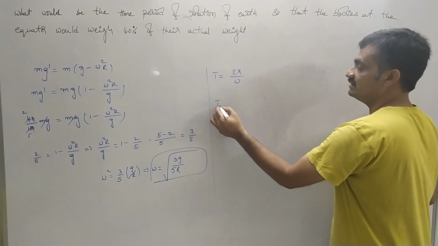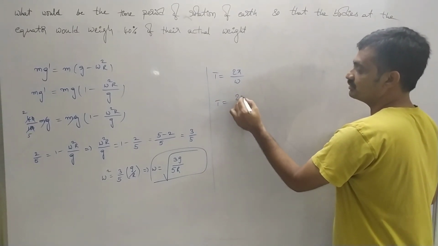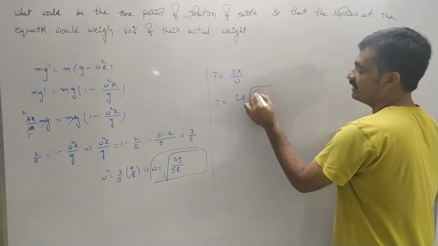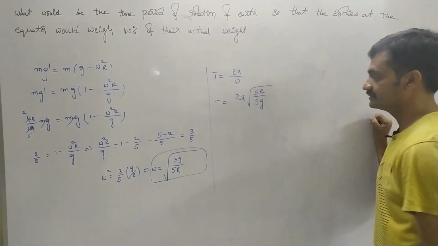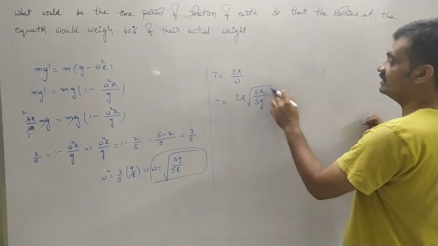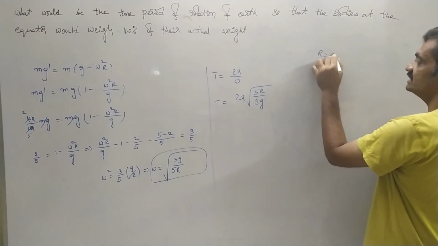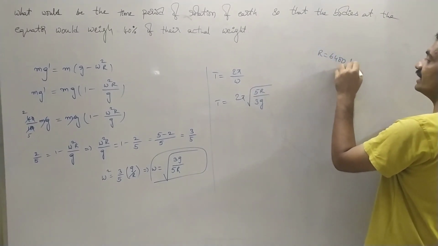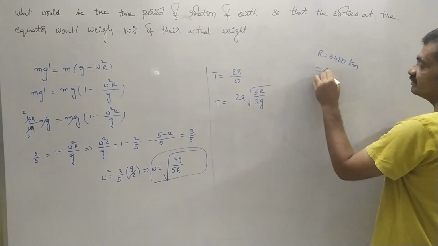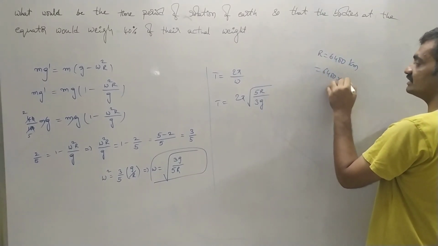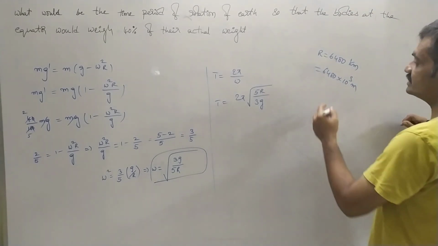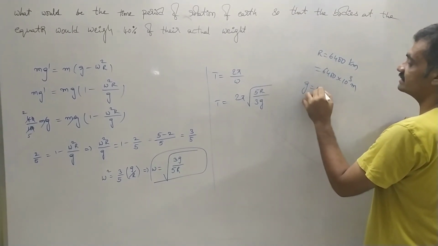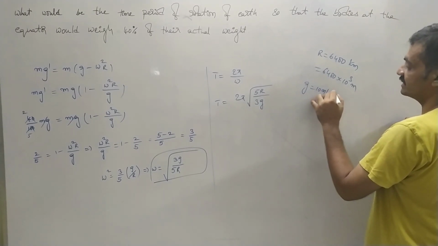As we substitute this value, the time period is given as 2 pi into under root of 5r by 3g, where r equals 6400 kilometers. In terms of meters, it is 6400 into 10 to the power of 3 meters. And the value of g is considered as 10 meter per second square.